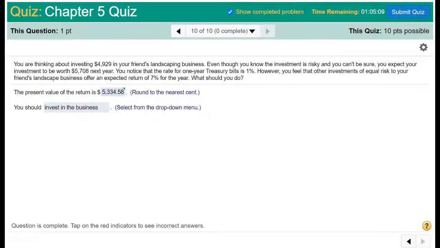Okay, listen to me. The whole idea of this investment, right? If I'm going to invest in a business and somebody's going to give me back 5,708, if I take the present value of 5,708 and it's greater than my initial investment, then I'm ahead of the game. I'm expecting 7%, but my buddy's going to give me 5,708.